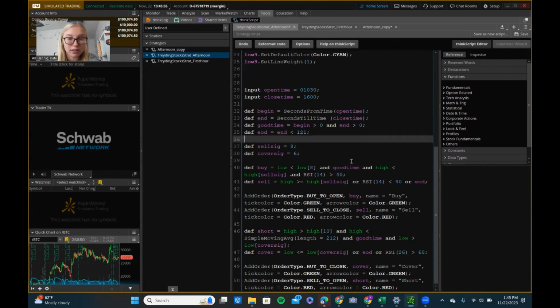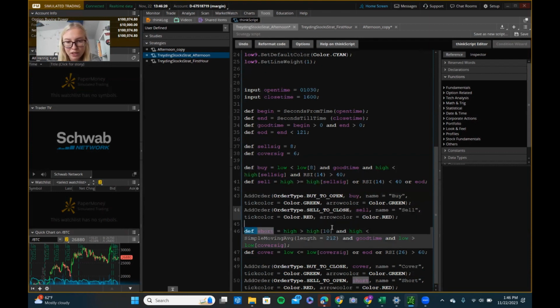So that's what good time means. This is what I was talking about earlier, is that you define your buy variable based off of if your current low is less than your low 8 time periods ago. And once again, if good time is valid and high is less than selling. Here's your add order, your tick color add order.